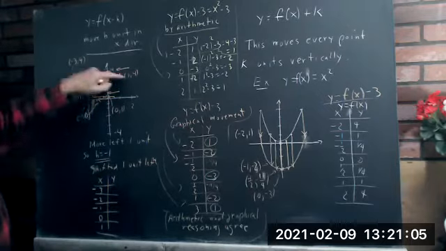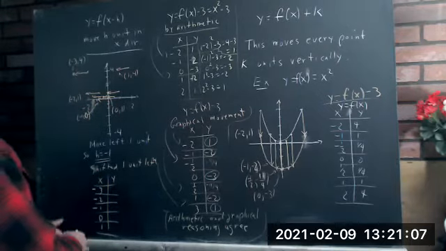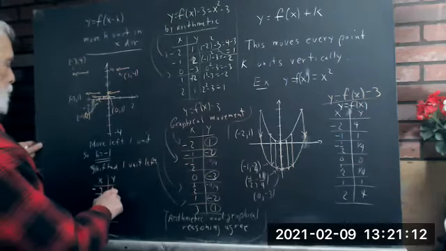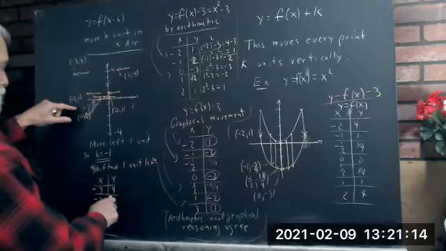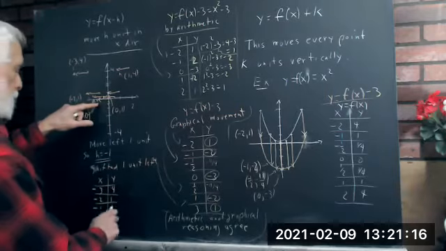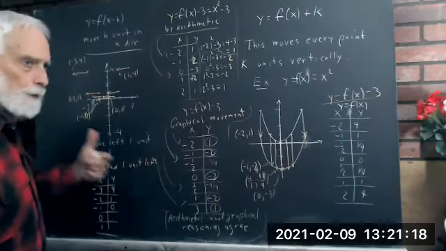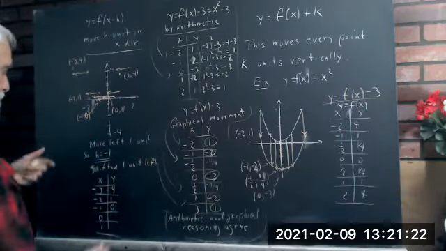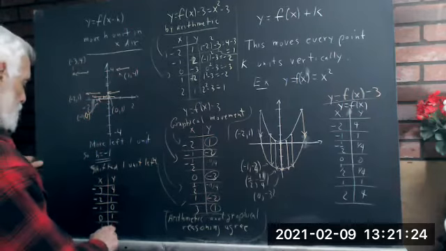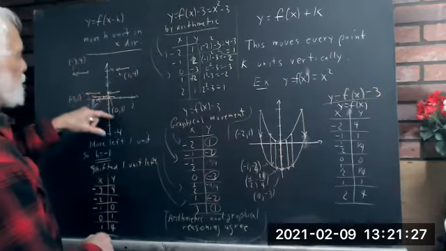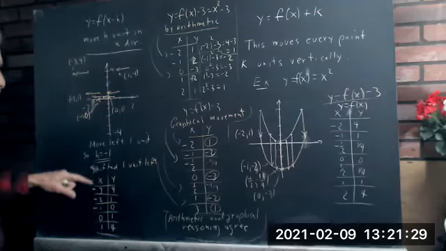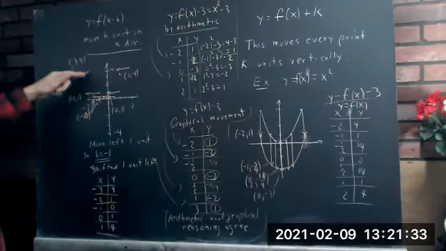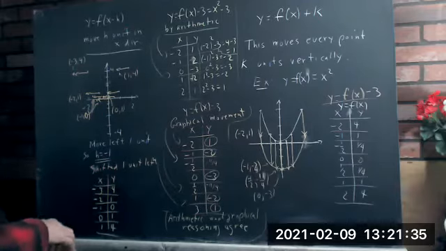These points in orange have these coordinates. Okay, so at -3, the coordinate is 4. At -2, the coordinate is 1. At -1, the coordinate is 0. And again, if you draw the graph carefully, you can easily reason out these coordinates. And then we have 0, 1, and 1, 4. Now, these coordinates match the points that we know we get by transforming the points on the x-squared graph.